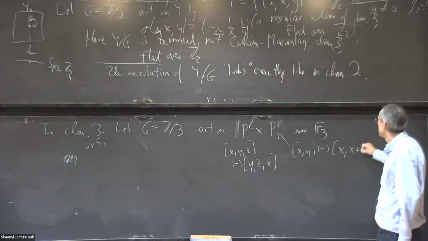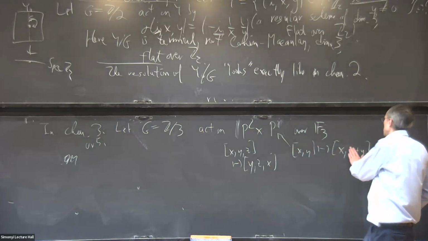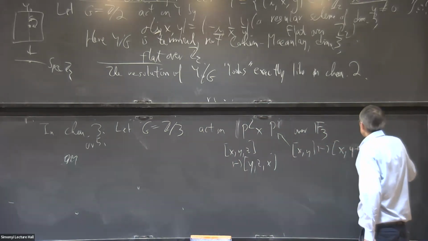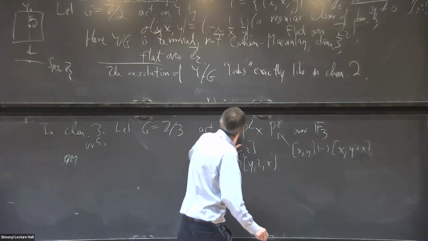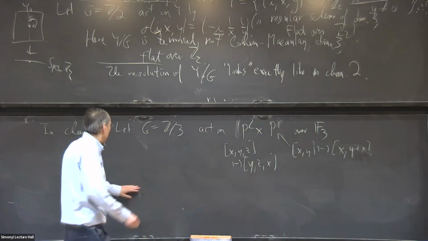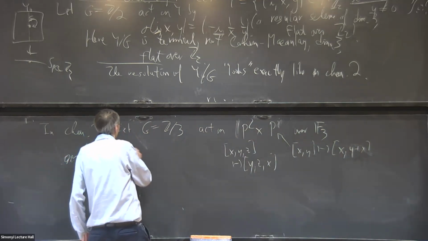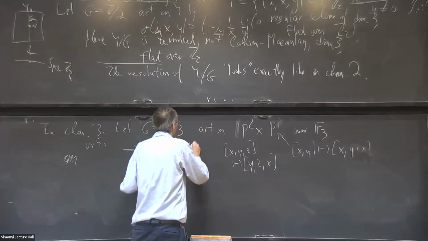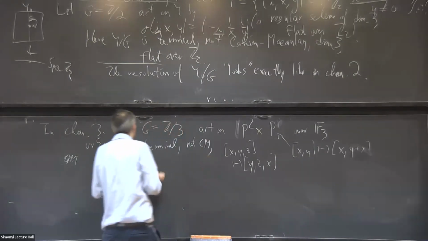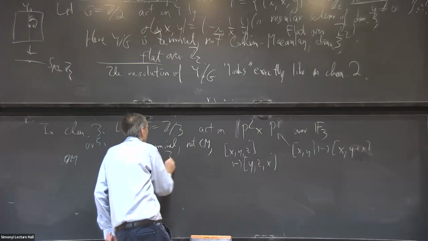Hope I'm writing it down the right way. So again, you can write down a pretty simple action with an isolated fixed point, and then everything works. So then you get a terminal singularity, not Cohen-Macaulay, dimension 3 over F_3.